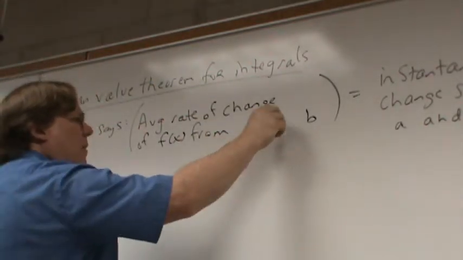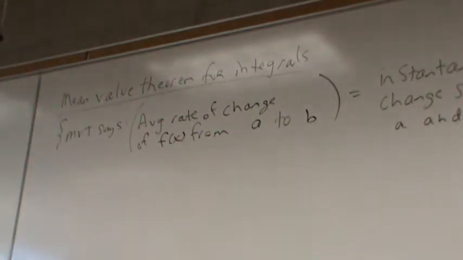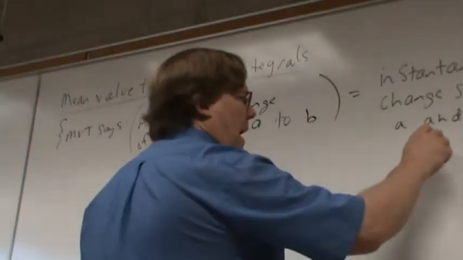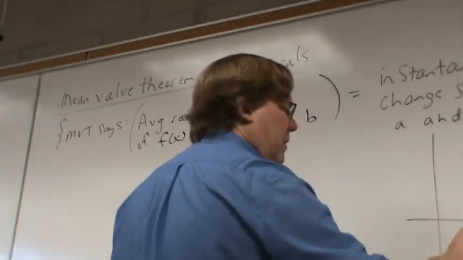Let's do that. Yeah, my bad. The average rate of change of f of x from A to B equals the instantaneous rate of change somewhere between A and B. That is, it says this.